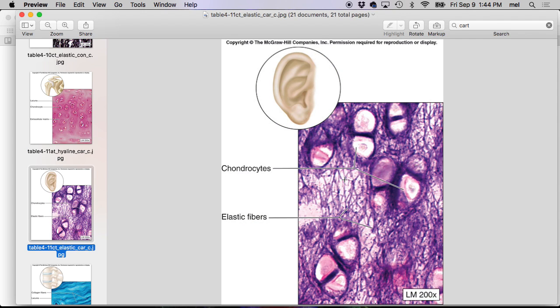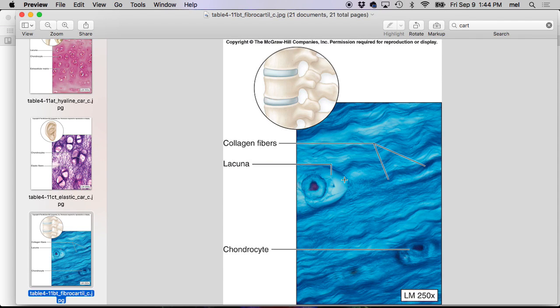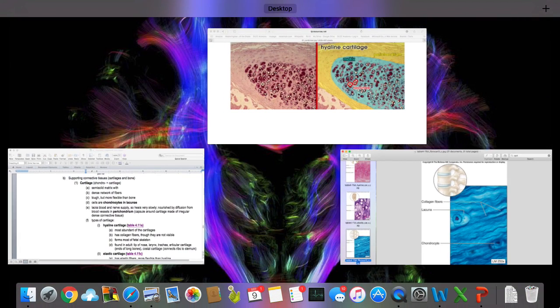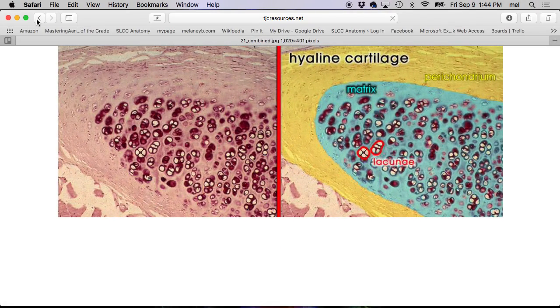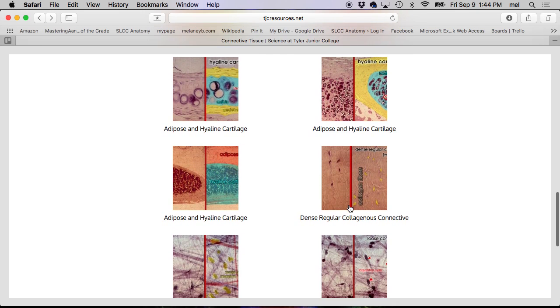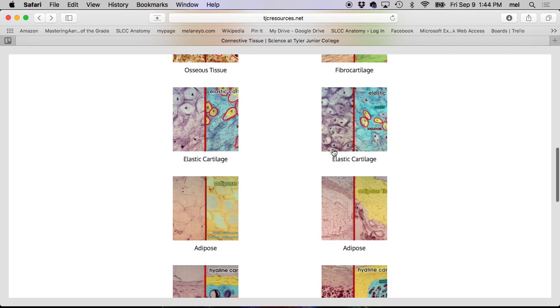One of them has elastic fibers running willy-nilly in the matrix, and it's called elastic cartilage. And one of them has collagen fibers running all parallel in the matrix, and it's called fibrocartilage. Does that make sense to you guys? Okay, so you can start telling the 3 apart relatively easily as long as you've got a good slide.